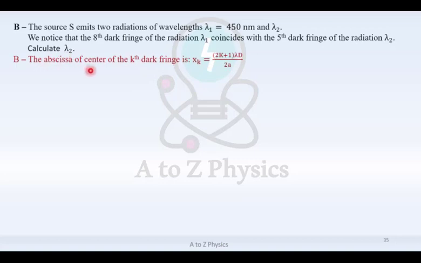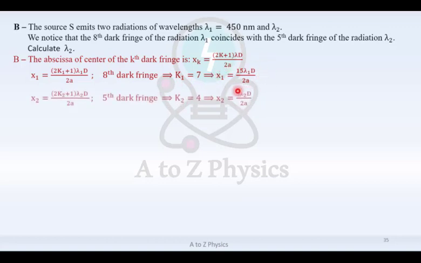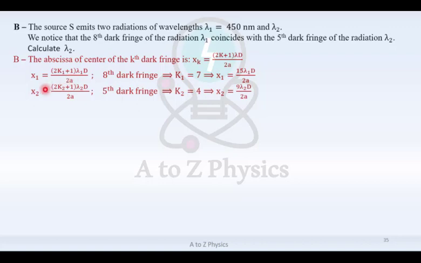The abscissa of the center of the kth dark fringe is equal to 2k plus 1 lambda d over 2a. For the first radiation, x1 equal 2k1 plus 1 lambda 1 d over 2a. For the 8th dark fringe, k1 must be equal to 7, so x1 equal 15 lambda 1 d over 2a. Same procedure for the 5th dark fringe of radiation lambda 2.